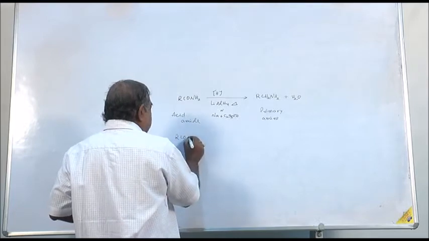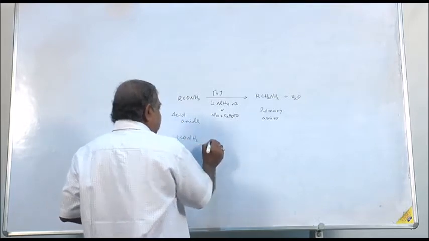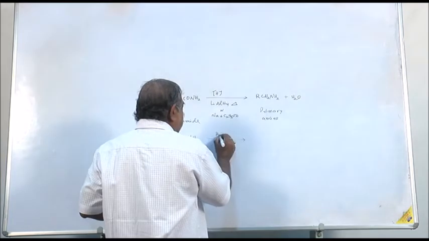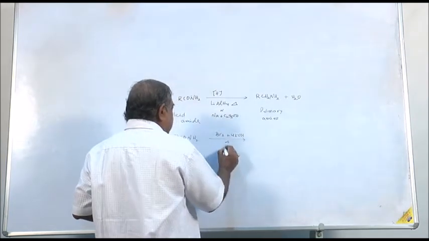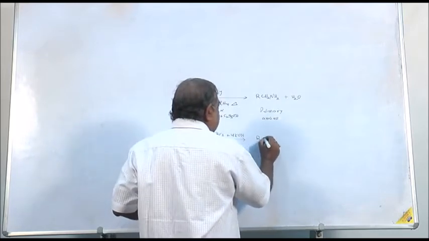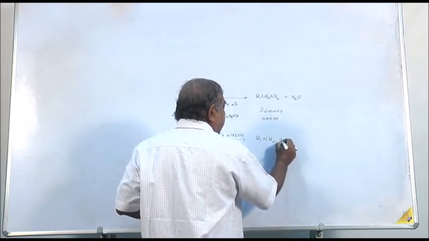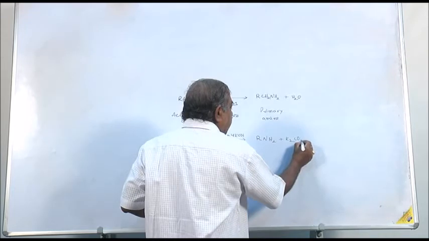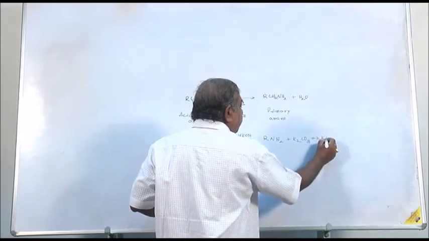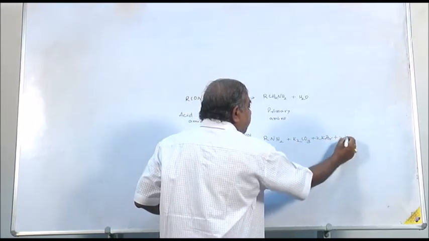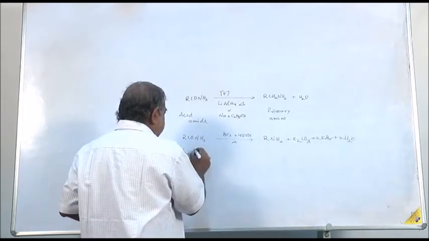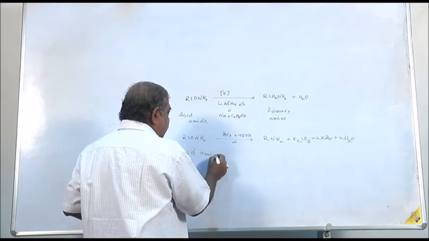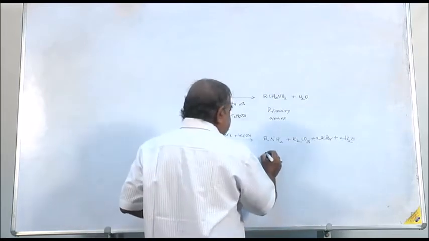The same acid amide, when treated with bromine in presence of potassium hydroxide, you will also get a primary amine having 1 carbon atom less than the acid amide. So, this is important, already I have discussed.